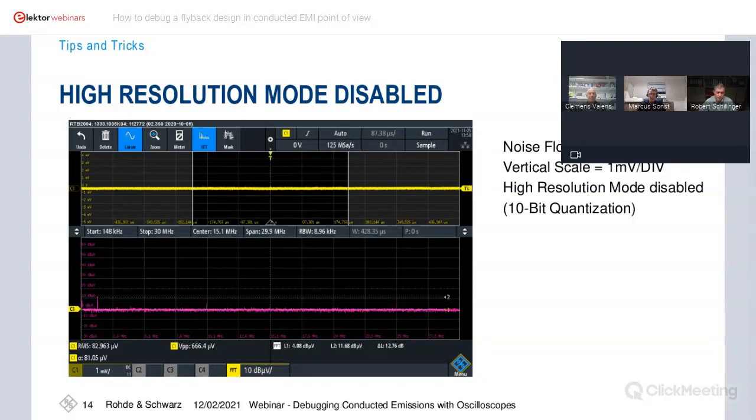That introduced already some noise effects. And the problem is we still have the vertical scale of 1 millivolt per division, which is not very practical. When you want to measure conducted emissions, you of course have some amplitudes in the time domain, so usually you have to increase your vertical scale to a higher value to avoid clipping.